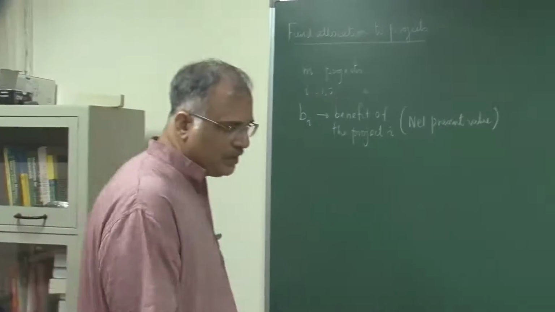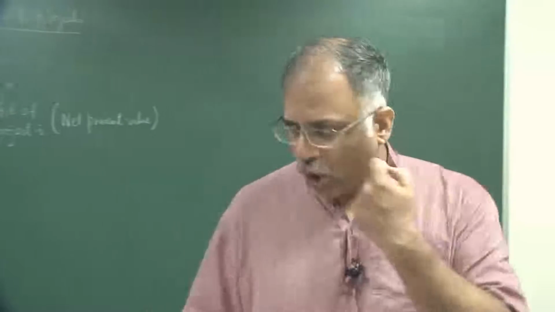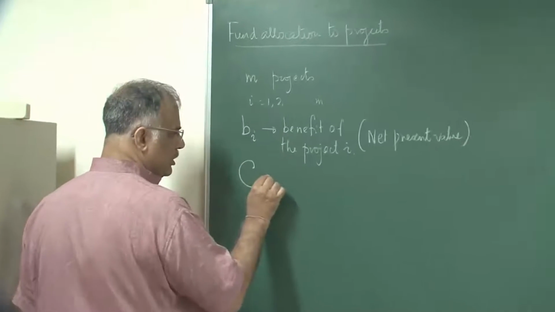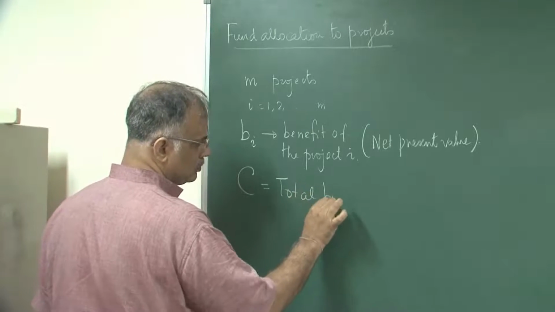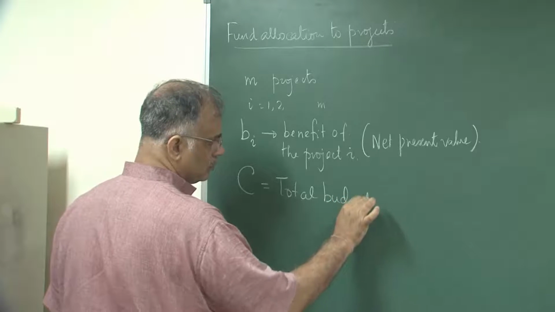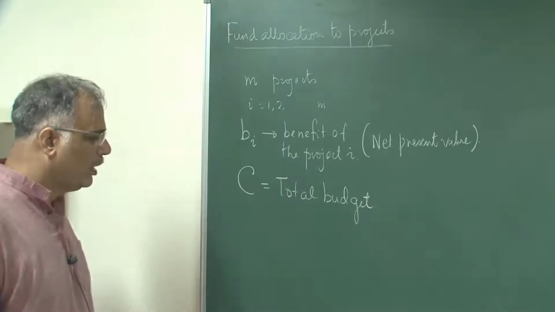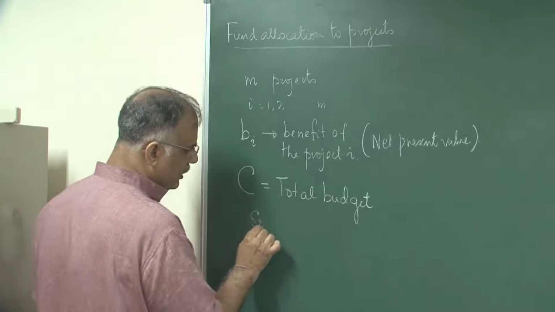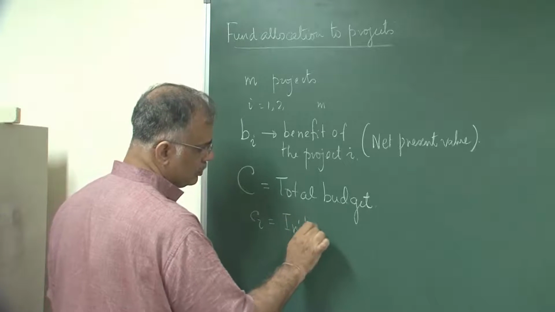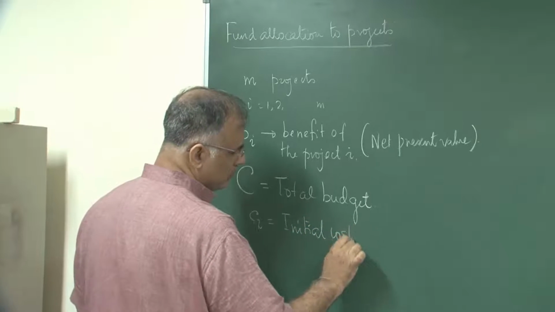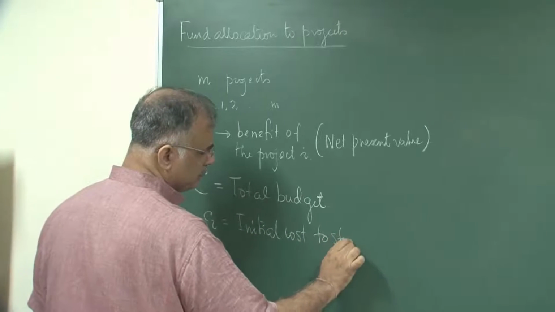Let Ci be the initial cost of a single project, and I have a budget allocation. So C is my total budget, and Ci is the initial cost to start project i.